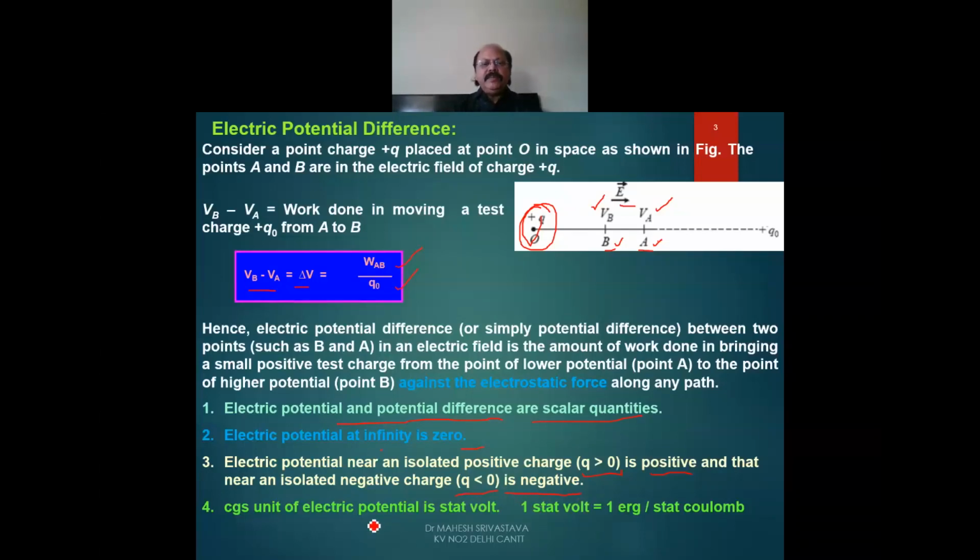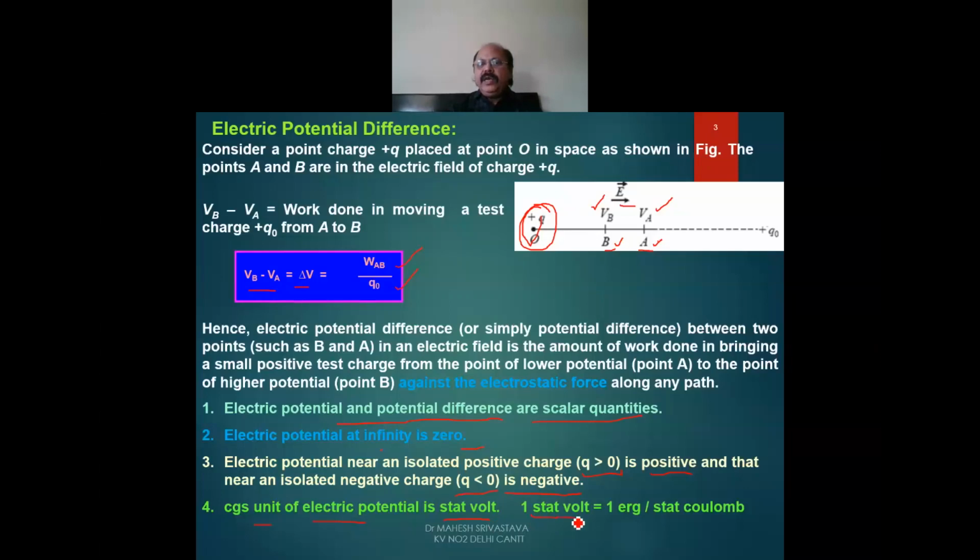Now if you want to express unit of electric potential in CGS units, then it is stat volt. As you have studied earlier, CGS unit of charge is stat coulomb. Similarly, it is stat volt.